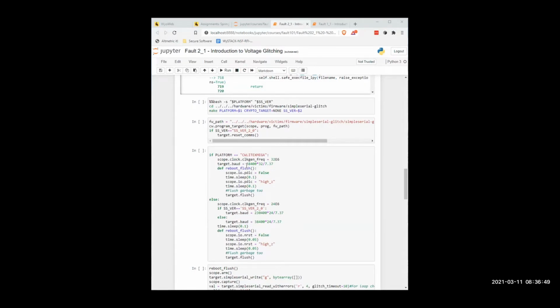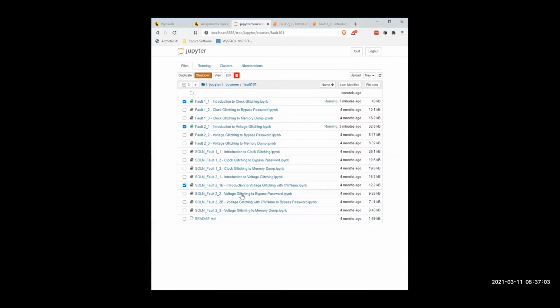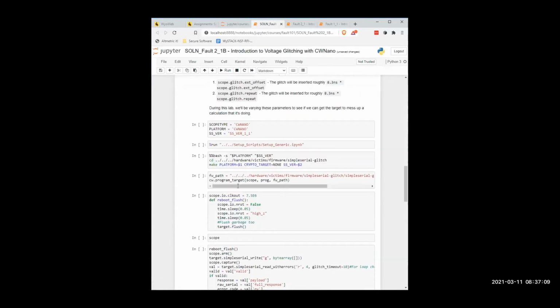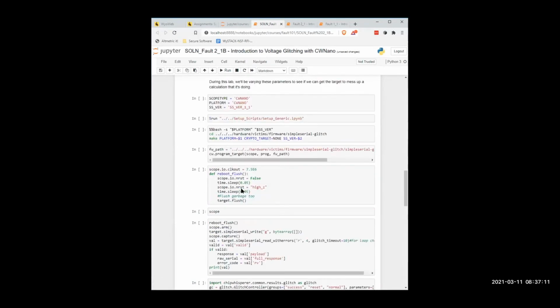When I run that cell, that's where it says the CW Nano object has no attribute clock. I'm getting a similar error in 1.5 that I just posted in the chat. It says no attribute clock_source or CLK_SRC.